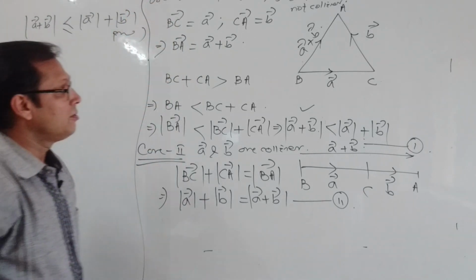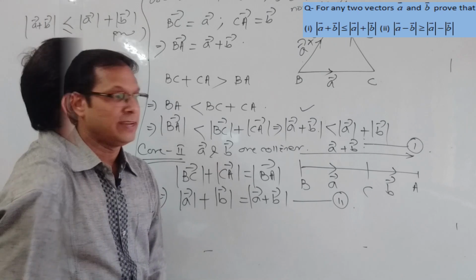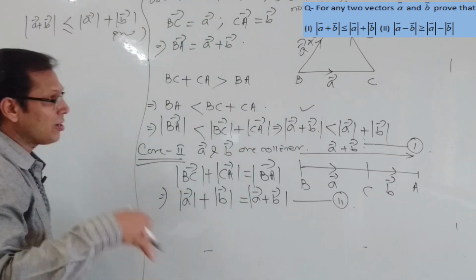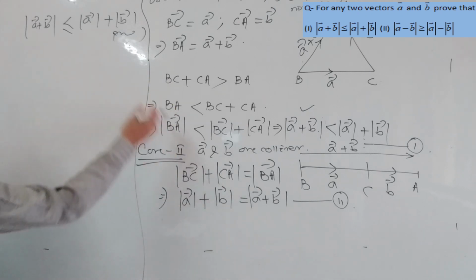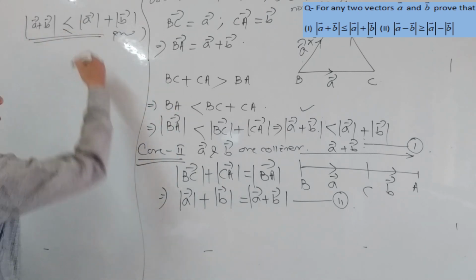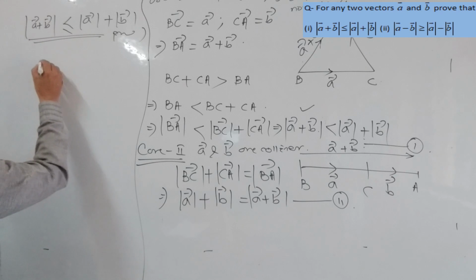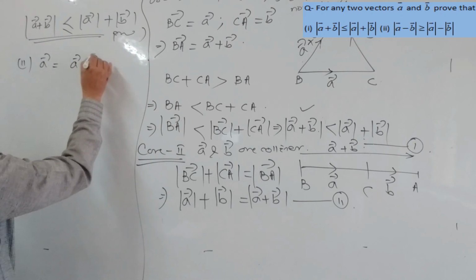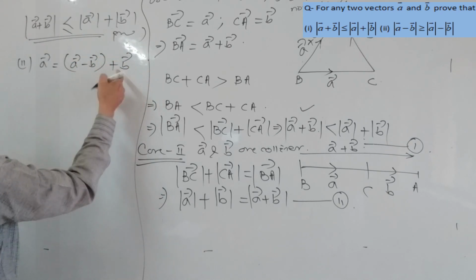Likewise, you can prove the first bit. Now for the second bit, you can go through likewise, or in a shortcut way using this formula, using this proof, you can prove the second bit. For the second bit, A vector can be written as A vector minus B vector plus B vector, isn't it?